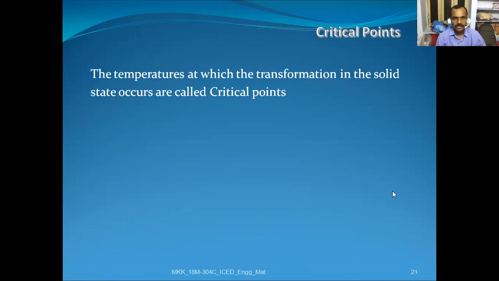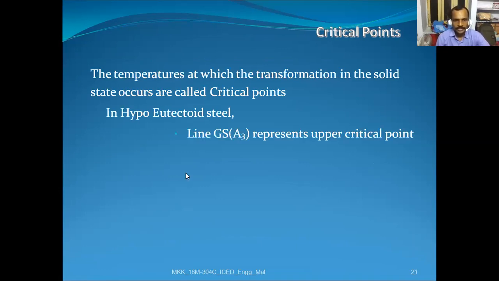Now let us move to the critical points. The temperatures at which the transformations in the solid state occur are called critical points. In hypoeutectoid steels, the line GS, A3, represents the upper critical point, UCP, whereas PS, A1, represents the lower critical point.